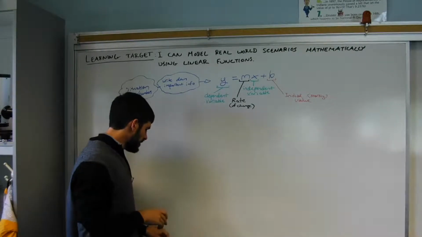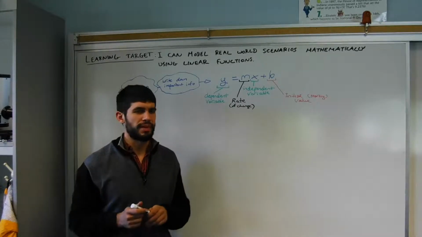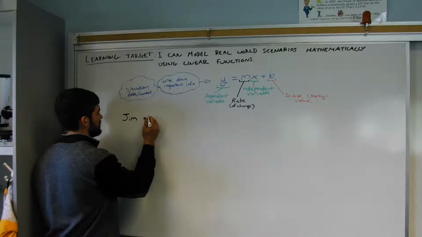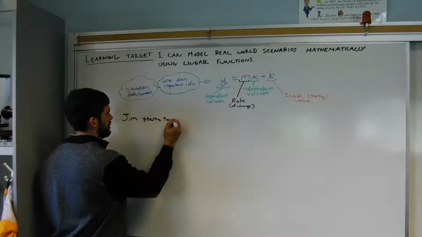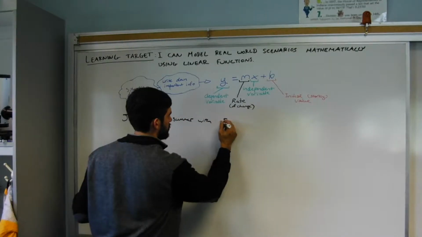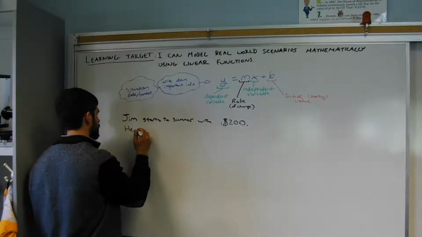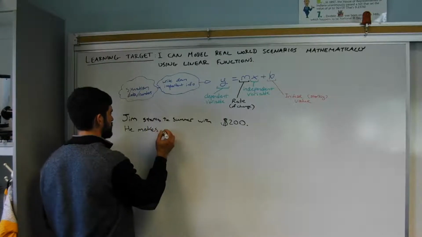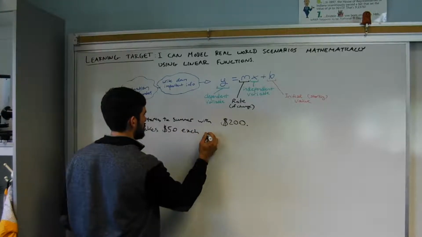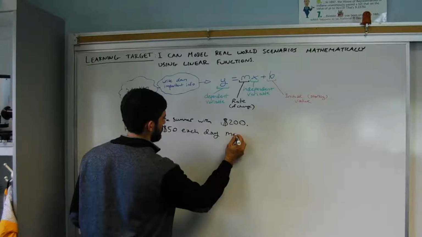So I think the easiest way to explore this is to start with a basic example. Suppose we have Jim. Jim starts the summer with $200. He makes $50 each day mowing lawns.